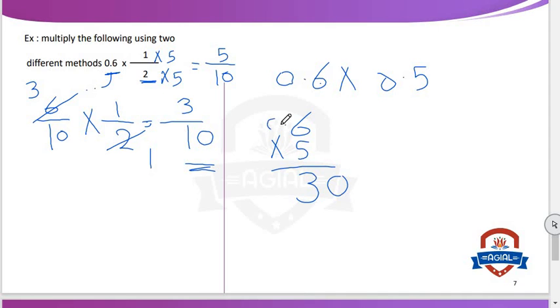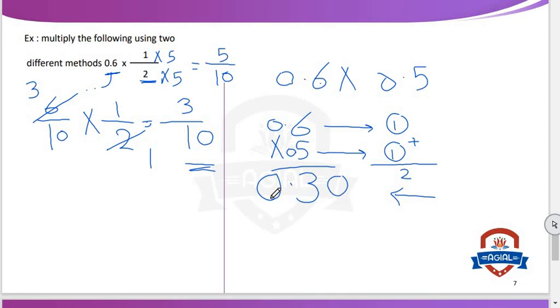And here we have the decimal point after one digit, and here the decimal point after one digit. So we put the decimal point after how many digits? 1 plus 1 equals? Yes, 2. So we put the decimal point after two digits from the right to the left. 1, 2, we put the decimal point. So the result will be 0.30, which is 0.3. 0.3 meaning 3 over 10. So they are the same.